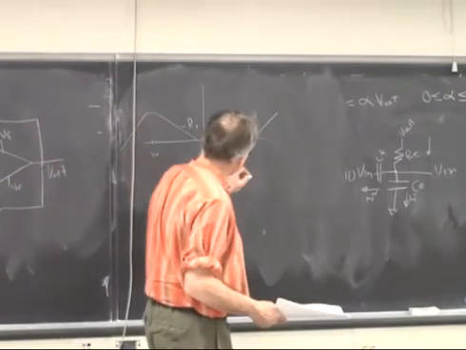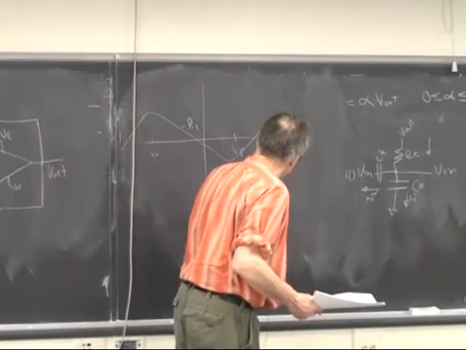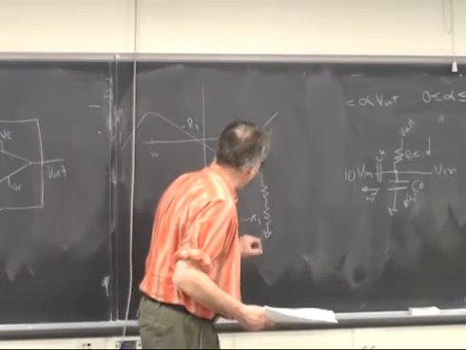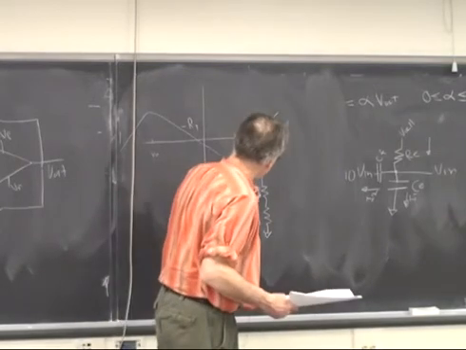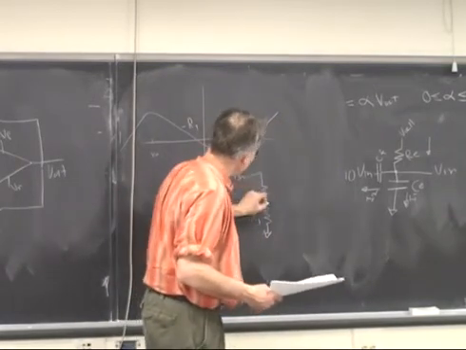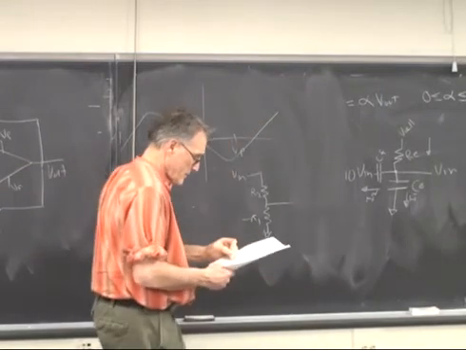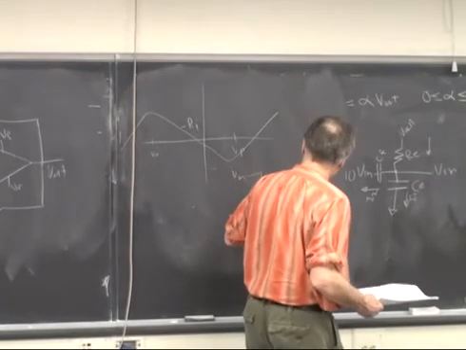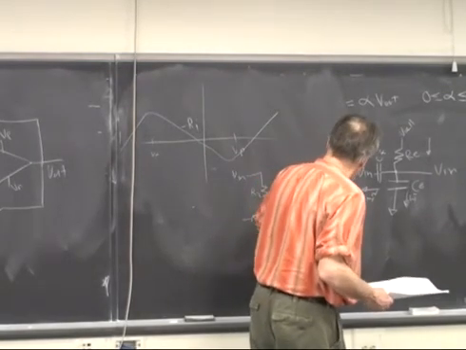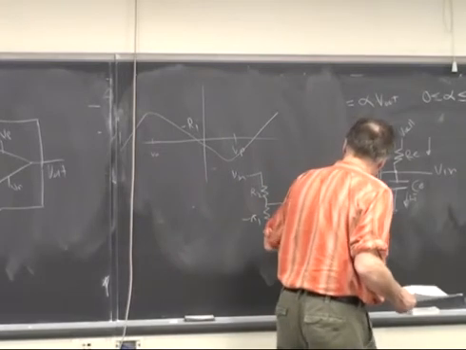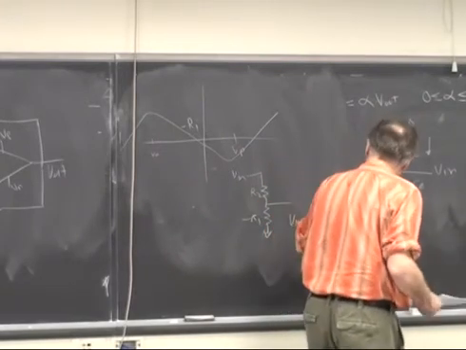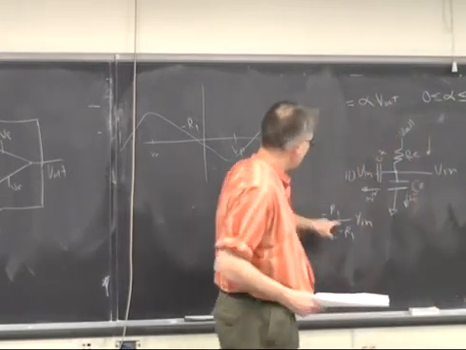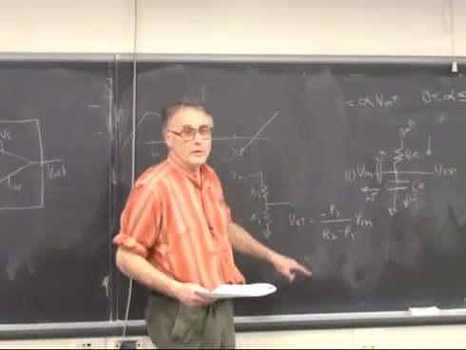So what happens if you build a voltage divider where this happened to be minus R1 and this is R2 and this is some V in? Well, by the voltage divider equation, V out must be minus R1 over R2 minus R1 times V in. And so depending on the relative size of R2 and R1, you can get gain out of it.